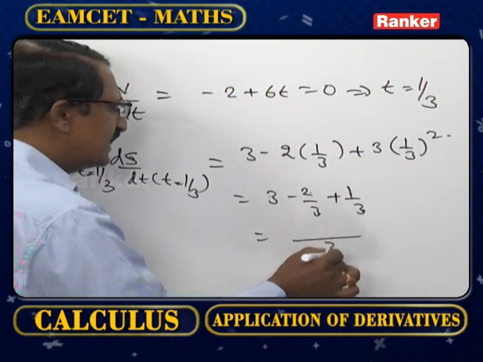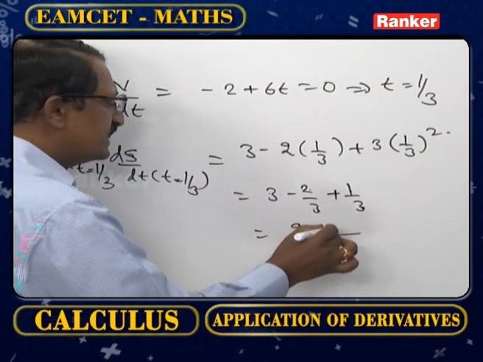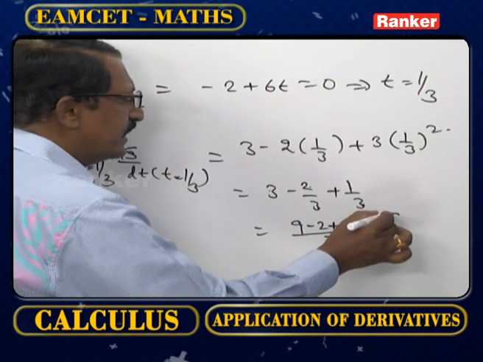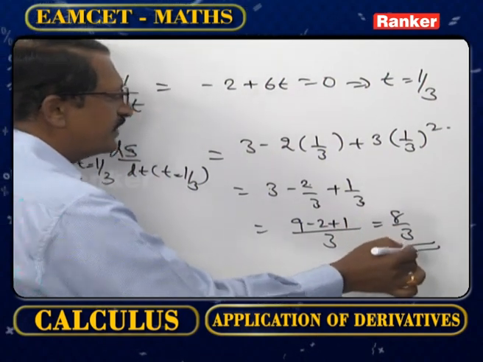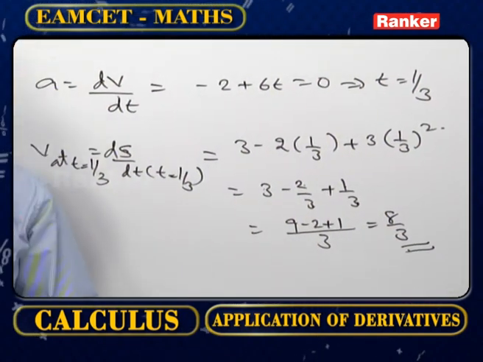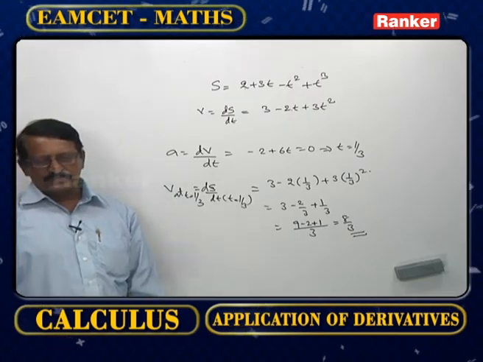Taking LCM as 3, 9 - 2 + 1 = 8, so 8/3. Velocity equals 8/3 units per second. Third option is correct.